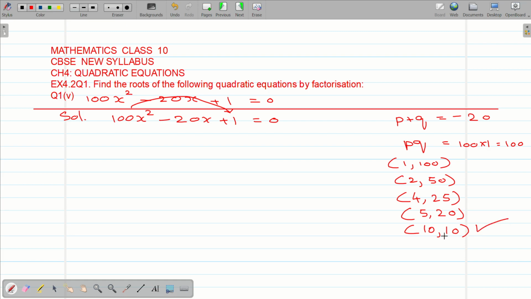We got the factors as 10 and 10. Sum is negative, so we are going to give minus sign to both the factors. 100x squared minus 10x minus 10x plus 1 is equal to 0.